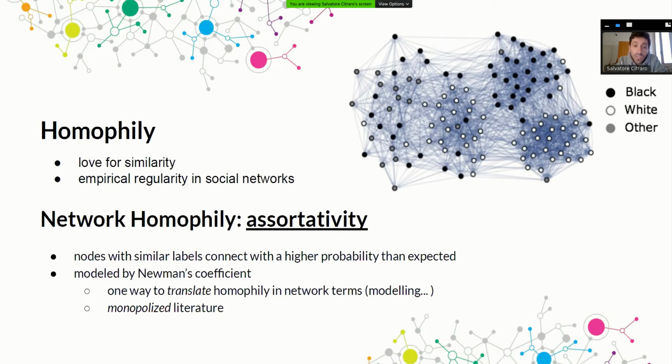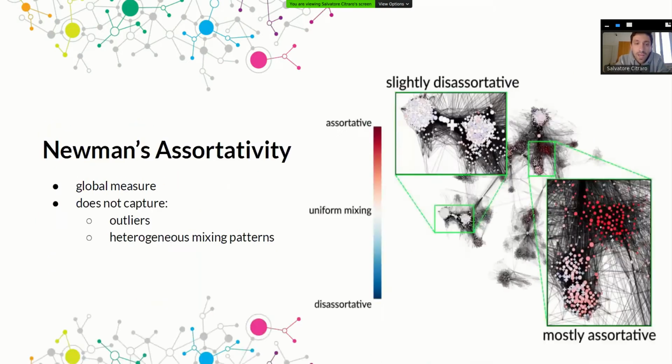But one of the limitations of a global score such as Newman's assortativity coefficient is that it doesn't capture the heterogeneity of connectivity preference within the same network. For instance, in a city, namely in one single graph, we can have segregated regions, but also more uniformly mixed regions. And the global assortativity coefficient cannot capture this heterogeneity.